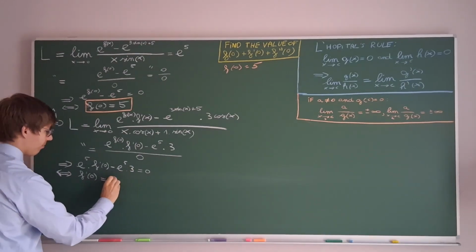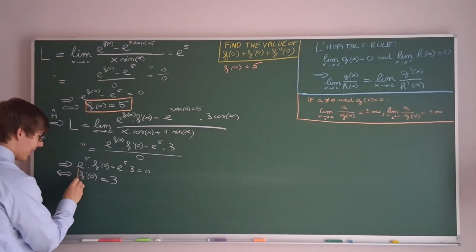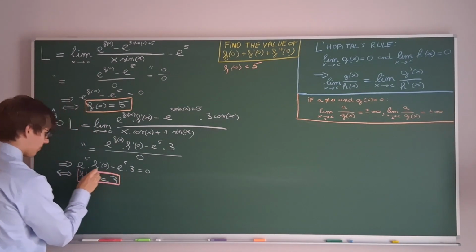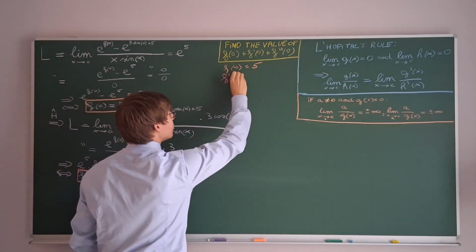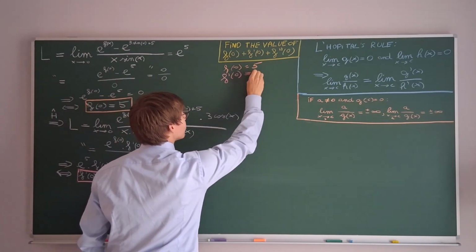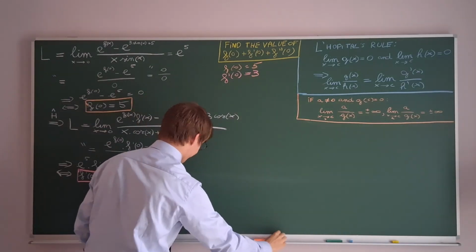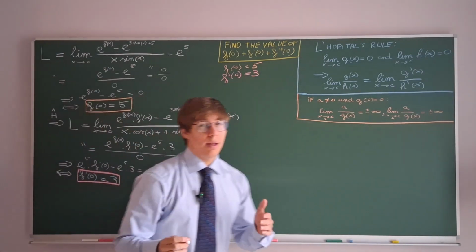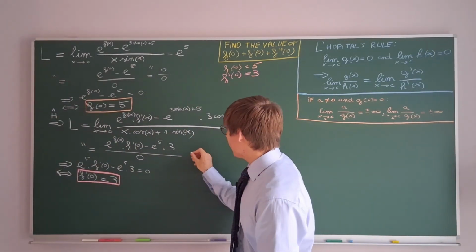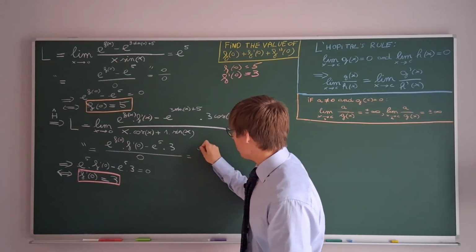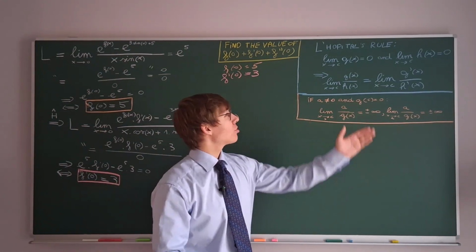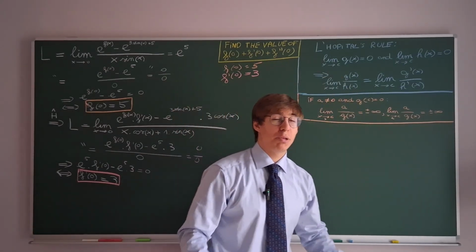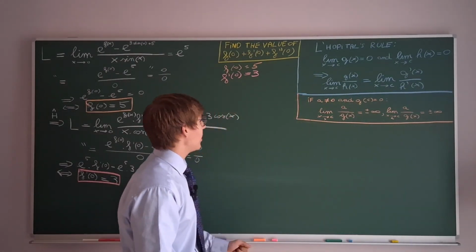And that is our second result. So f prime of 0 is equal to 3. But that means that we again get that this is 0 over 0, and we can use L'Hopital's rule again. It will be a little bit more complicated.